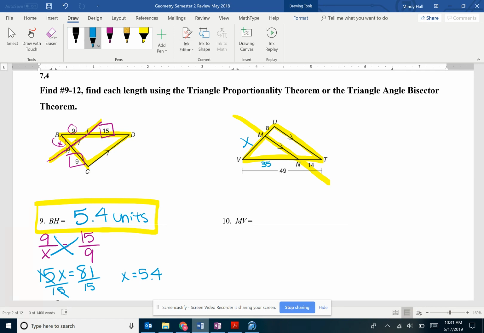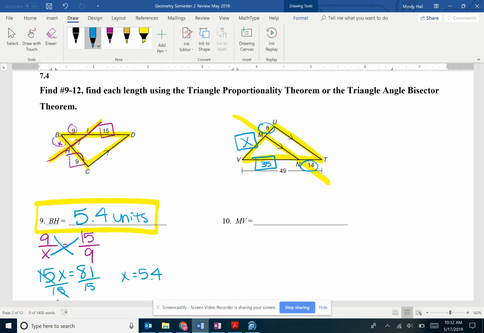Or you could also solve this by looking at the full side. Just like before, corresponding parts are here and here. Just to show you the other way, I'll do it afterwards. I don't want to confuse anyone.